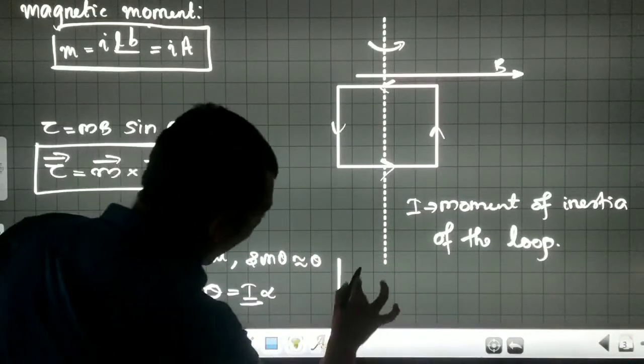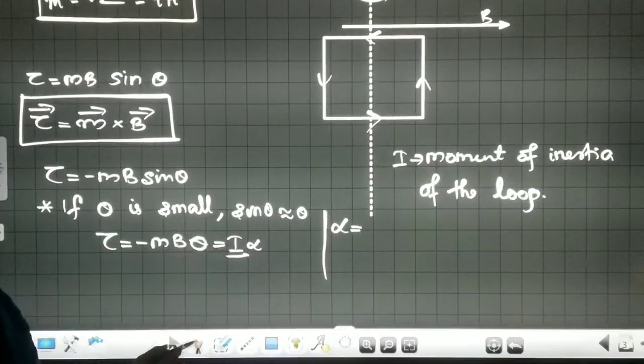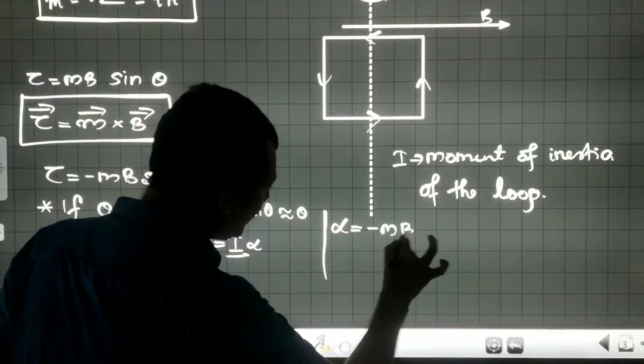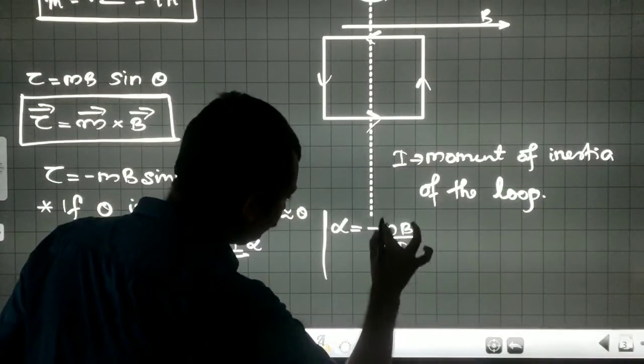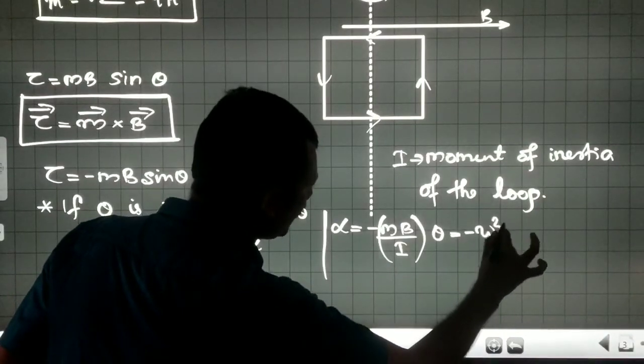From here I will get alpha equal to minus MB divided by I into theta, which is equal to minus omega square theta.